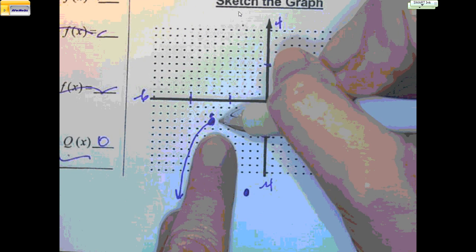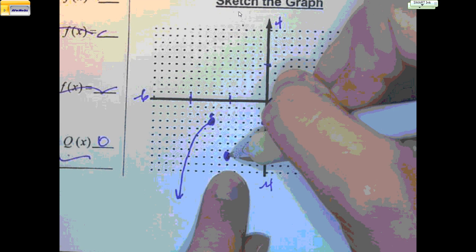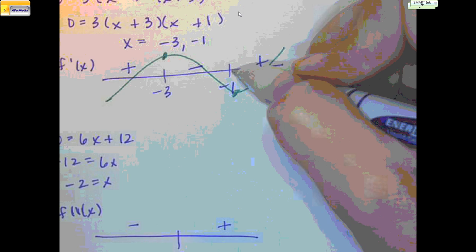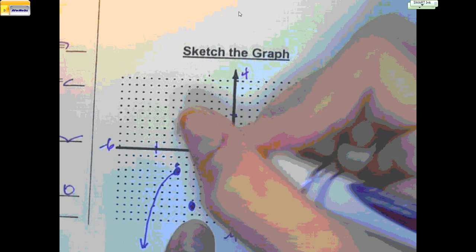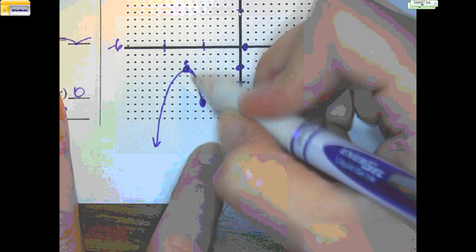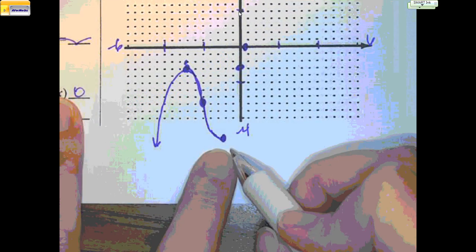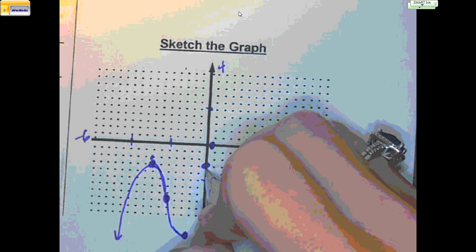If you look at increasing, decreasing, according to your number line, it's decreasing and it's still concave down until it gets to this point, which somebody told me was my inflection point. So we were concave down, frowny face, now we're starting smiley face. I know this little guy here was a local minimum, so it bottoms out right there, and it probably heads back up toward the top. If you want to double check up here, you can see I'm increasing now, and I'm also concave up, so I'm part of a smiley face. I'm still doing that here, and here.